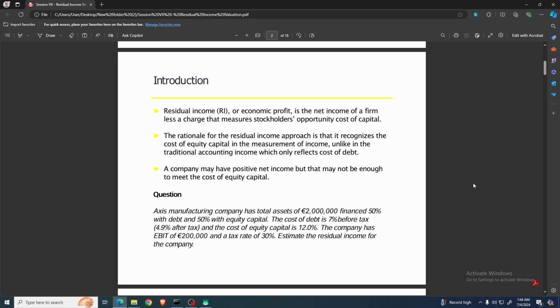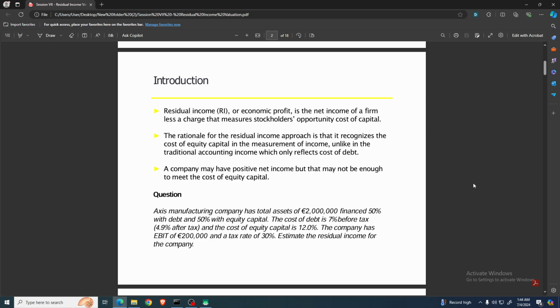This underscores the importance of measuring residual income. And with these points, you can see how a nice foundation can be laid for the concept of residual income, and how significant it would be, particularly from the point of view of the equity shareholders.